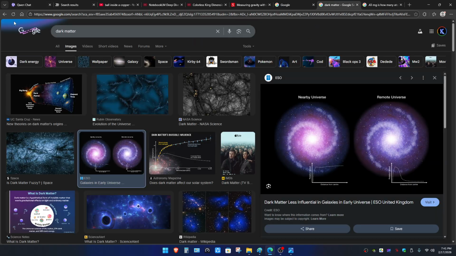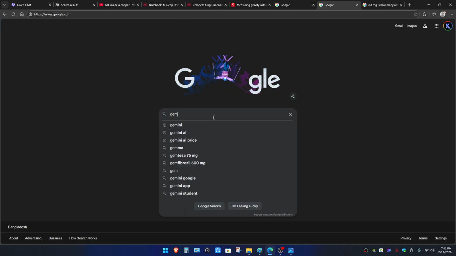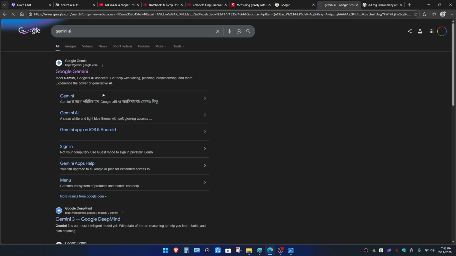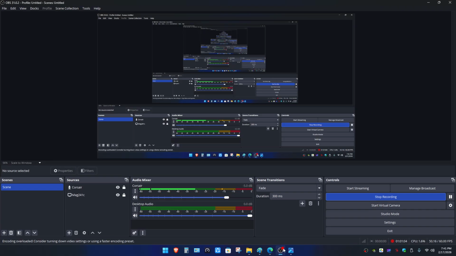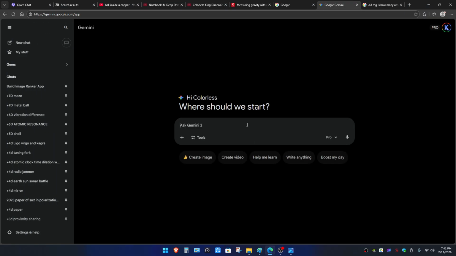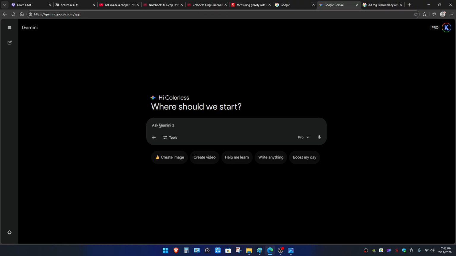So what I will be doing is using Gemini. Now I know this is a bit slow, like it is already 1 hour, but I need to explain it in my way as soon as possible. So bear with me, please. 0.43 milligram of neodymium magnet has how many atoms?